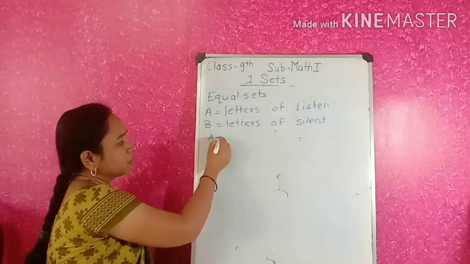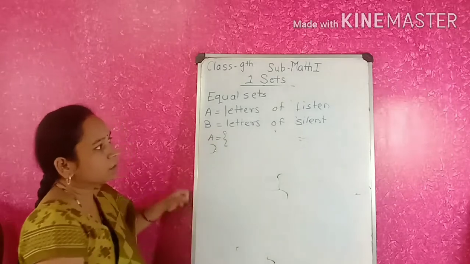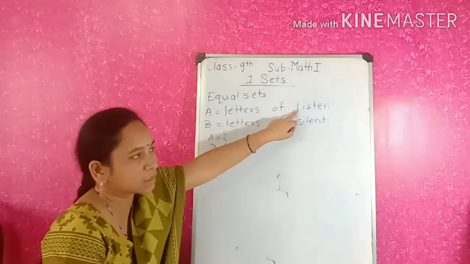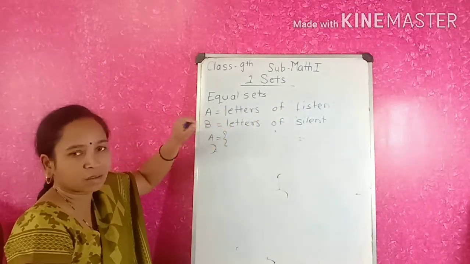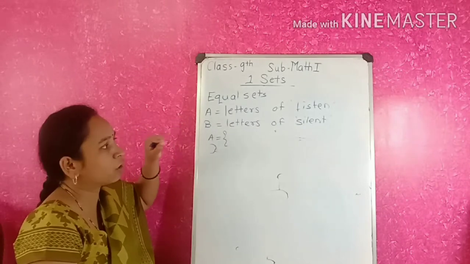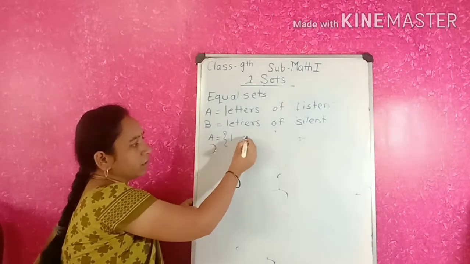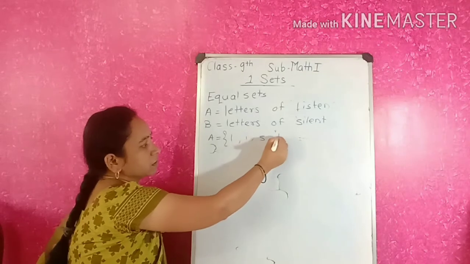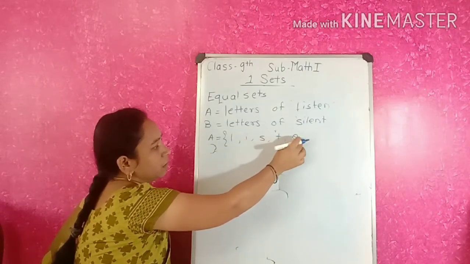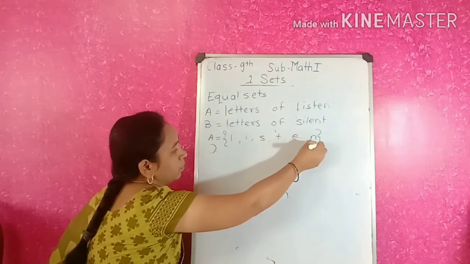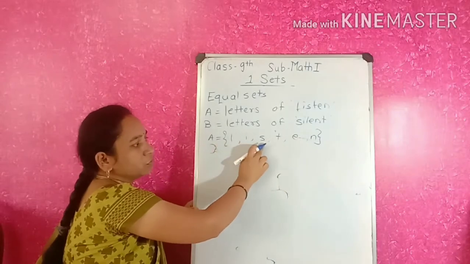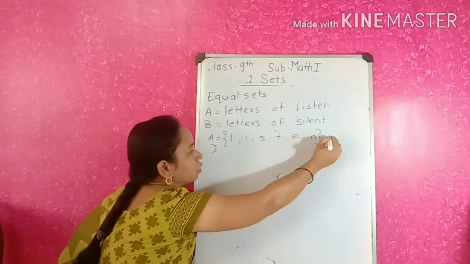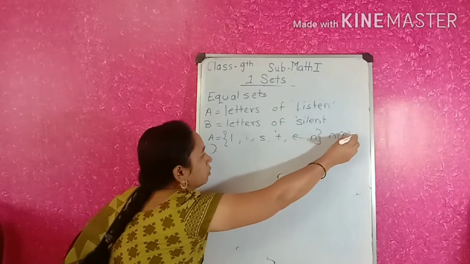So what is the A set? It is the letters from listen, and here the condition is that the elements should not be repeated. So I have written L, I, S, T, E, N. Now how many elements? 1, 2, 3, 4, 5, 6. So n of A is equal to 6.